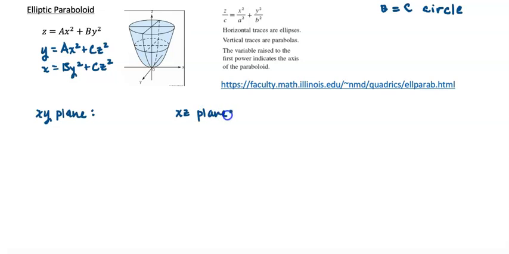So now let's look at our traces. Let's look at the xy plane, the xz plane, and the yz plane.